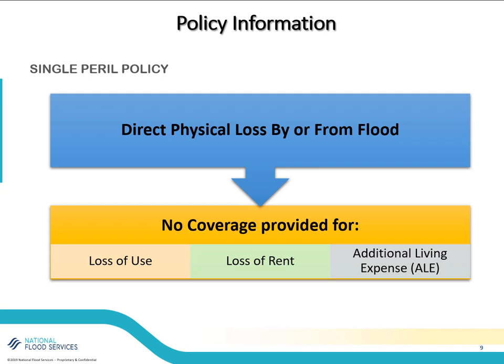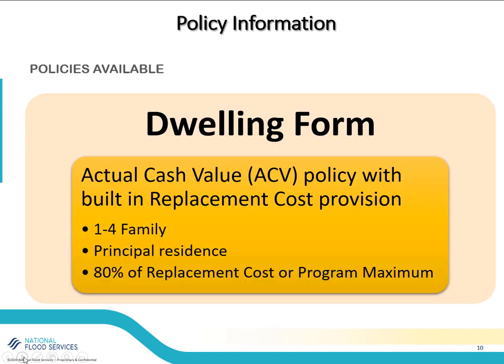Flood insurance will not cover additional living expenses, nor will it cover loss of use or loss of income. It will cover structures and possibly the contents inside of that structure, but it will not cover the land that the structure sits on. The flood insurance policy is not designed to make the insured whole after a flood loss.